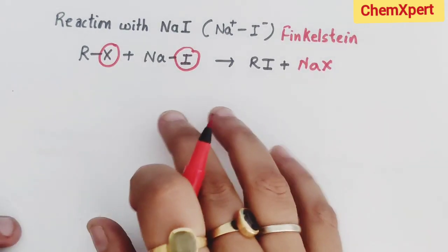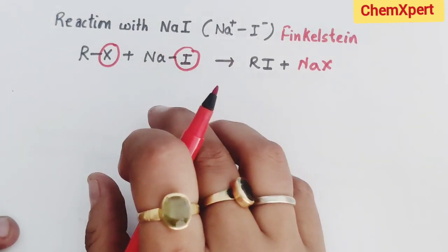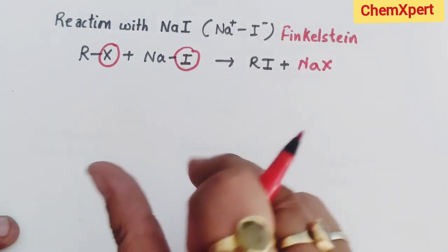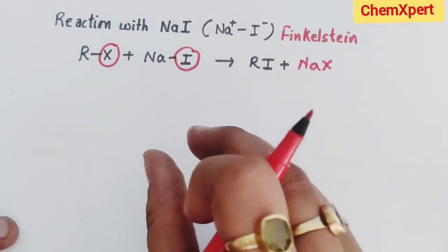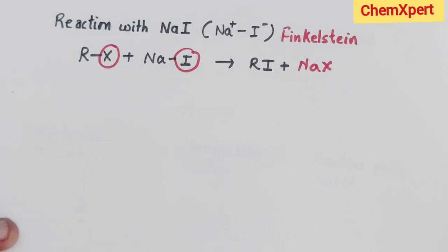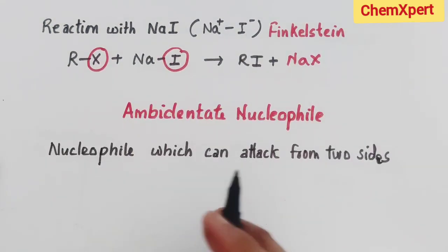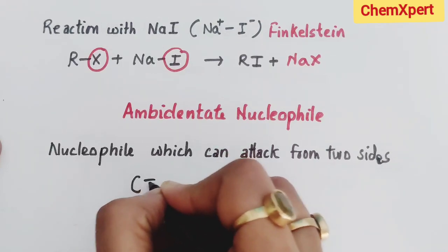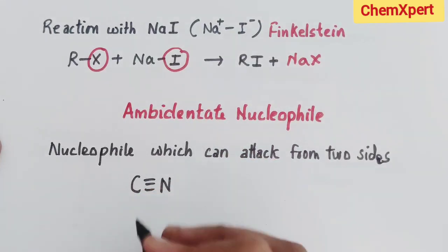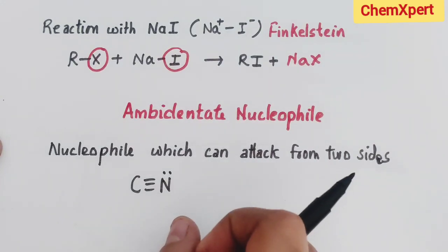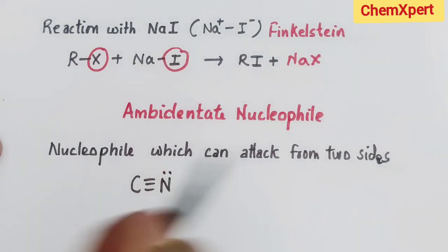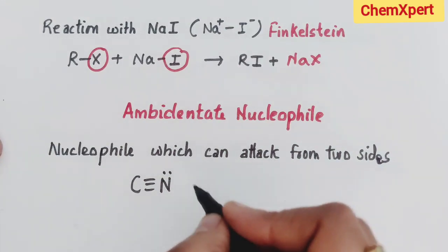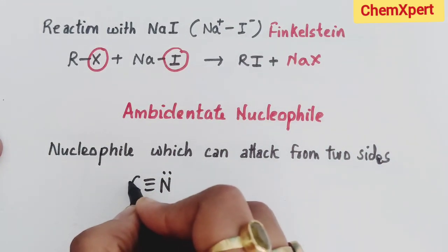Now to understand the next reaction of this nucleophilic substitution, we must know one definition, that is what an ambidentate nucleophile is. That is a nucleophile which can attack from two sides. For example, if we have cyanide, there is a lone pair present on this nitrogen, so it can attack from this side also, and as we know it can easily be written in resonance here, so it can also attack from the carbon side.